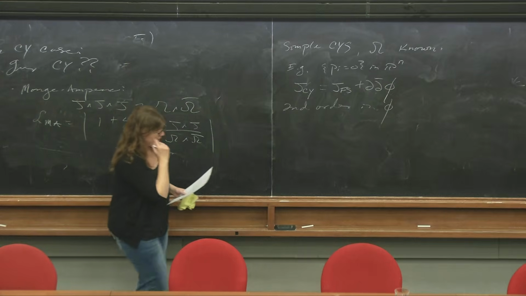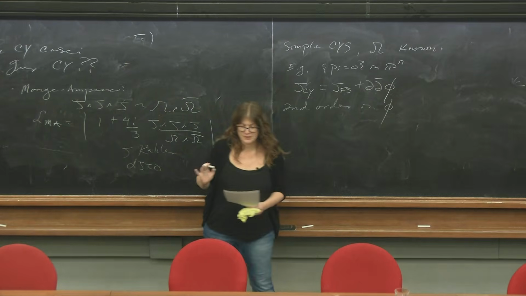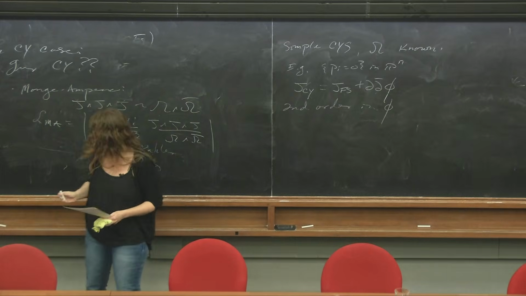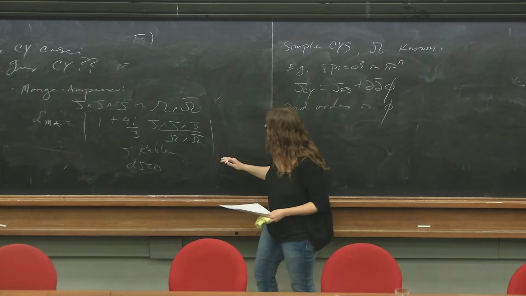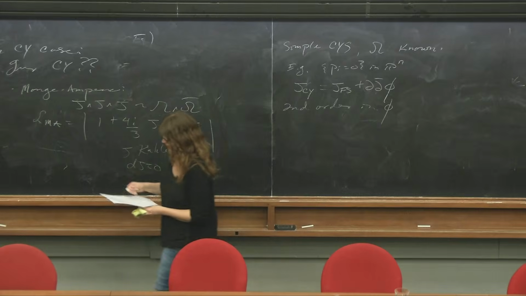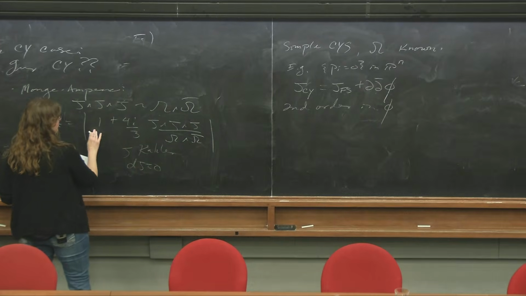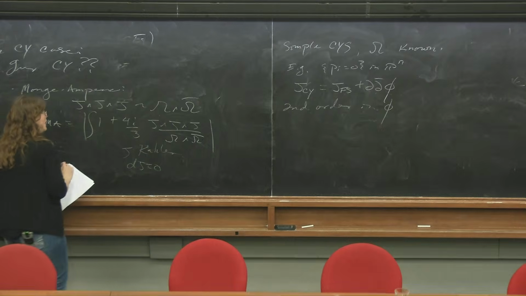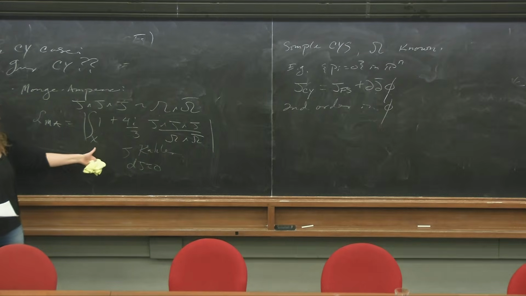Okay, so I'm going to omit many details in the interest of time, but let me just schematically say what one does. In order to actually make this your loss function, so here, by the way, I should say, this is really an integral over the Calabi-Yau in order for this to make sense.